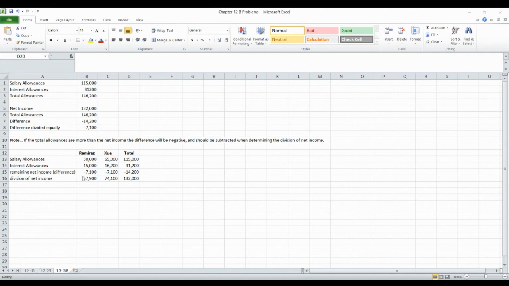And then to find the division of the net income, we simply add all of these or combine all of these amounts together to get 57,900. This was a little bit different than the problems we've done before, because before our difference came out positive. If there was a positive difference, we would have added it here, not subtracted it. So that's what I wanted to make sure that you understood.